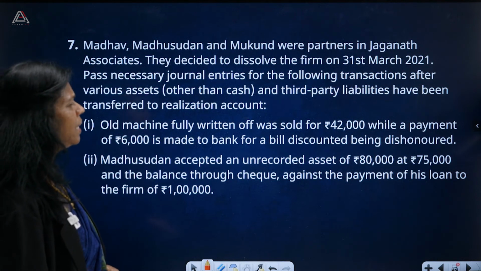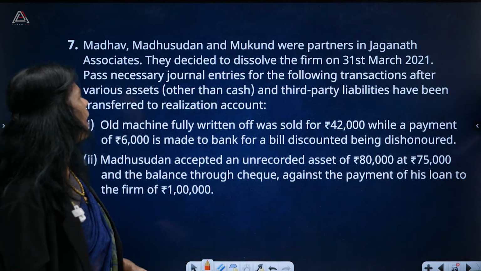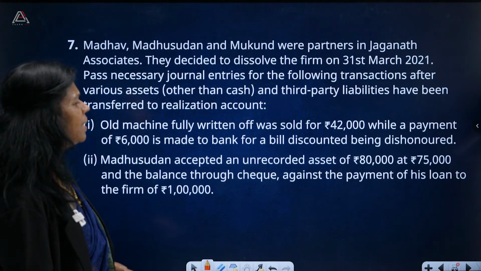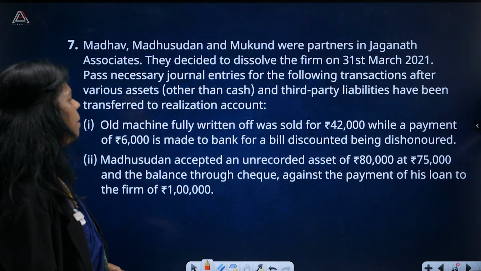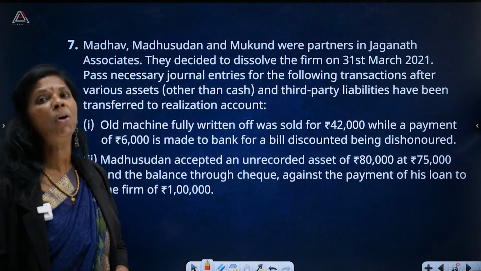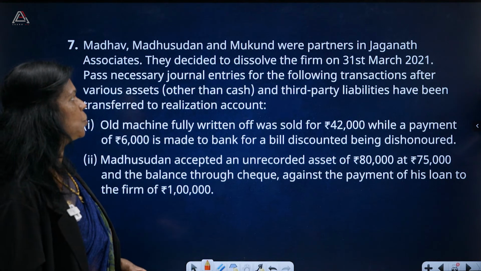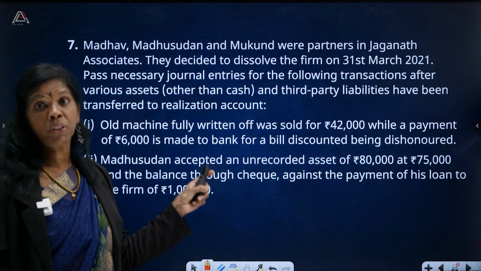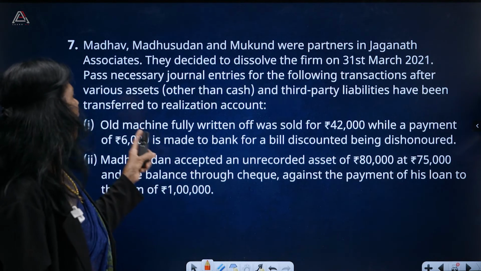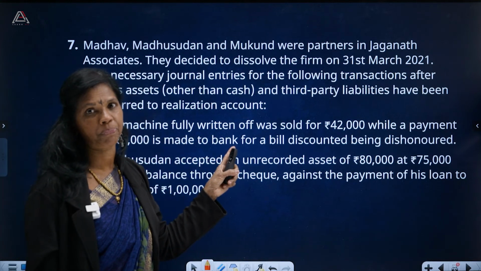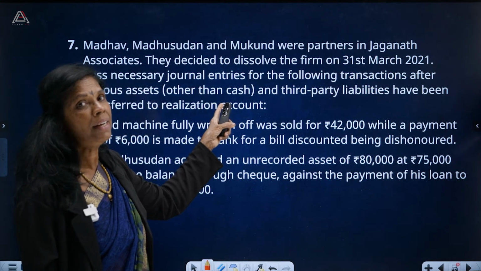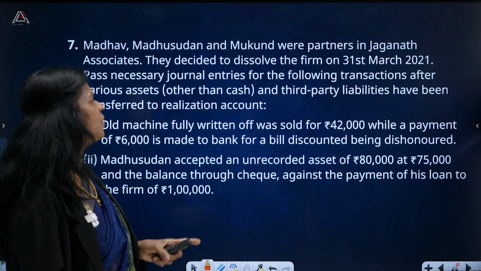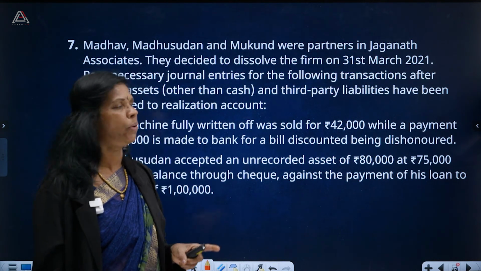Pass necessary journal entry for the following transactions after various assets other than cash and third party liability have been transferred to realization account. So, noted.